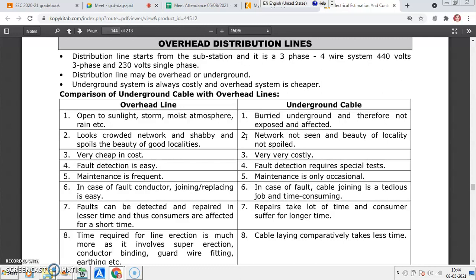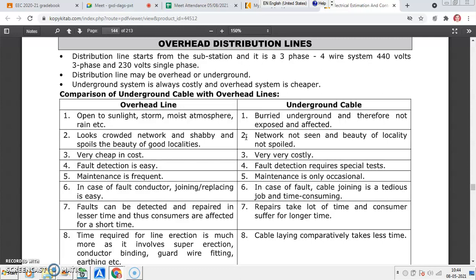If you have to find out all the answers to these questions, then you should go for either overhead or underground system of distribution. Now overhead system of distribution, that is overhead means it is open to sunlight, open to atmospheric conditions, rain, moisture, storm, whatever.